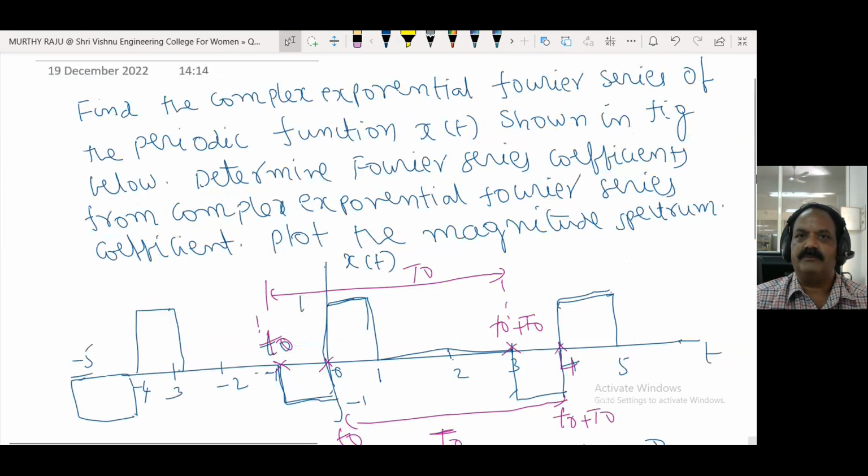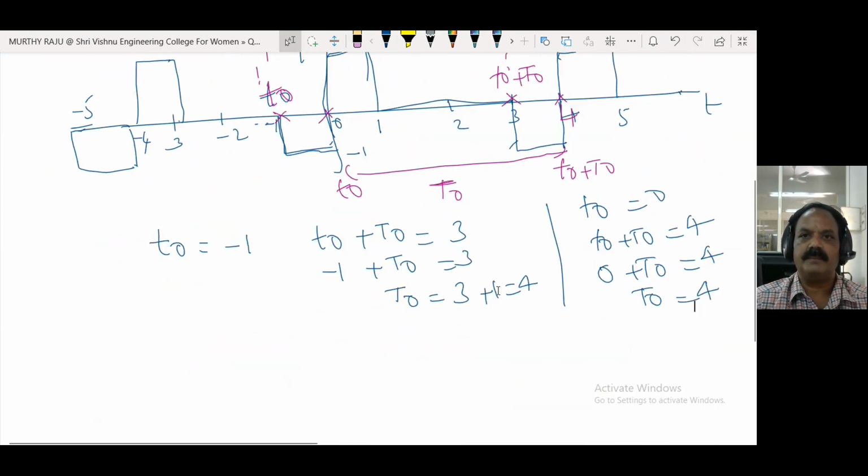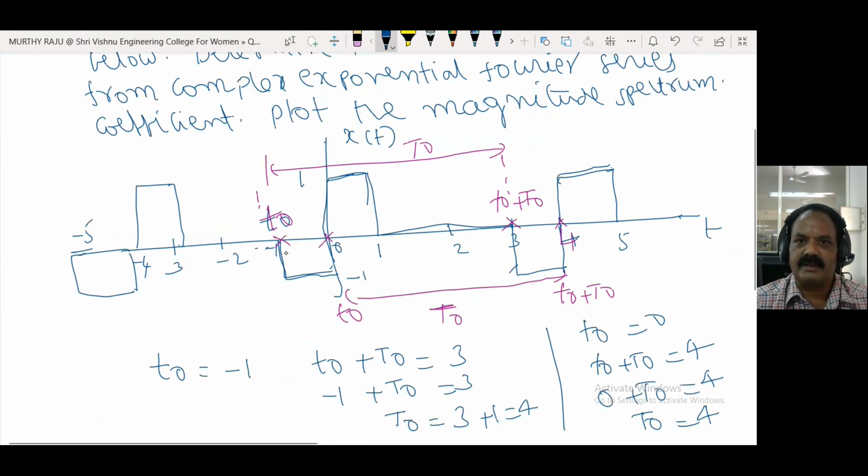Next, find the complex exponential Fourier series. Consider from -1 to 0, the value of x of t is -1, and from 0 to 1, the value of x of t is 1.